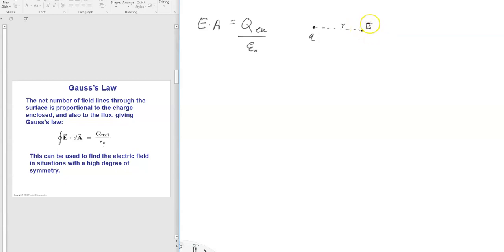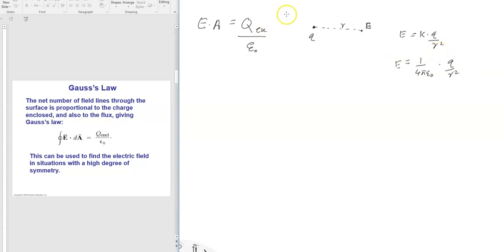So traditionally, using the method you learned previously, you write electric field is K times Q over r squared, or you can write 1 over 4 pi epsilon naught, we replace K with that, Q over r squared. Now this is a standard equation given for a point charge to find the electric field.